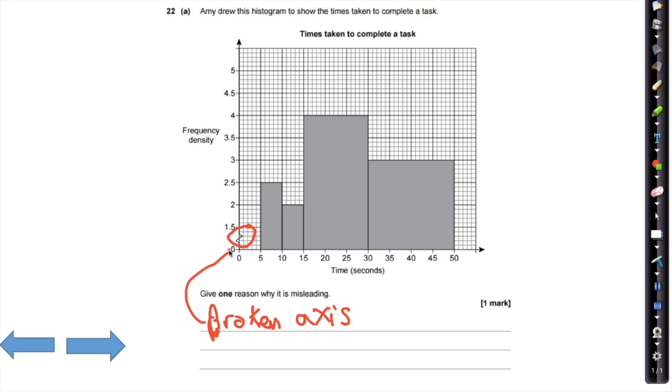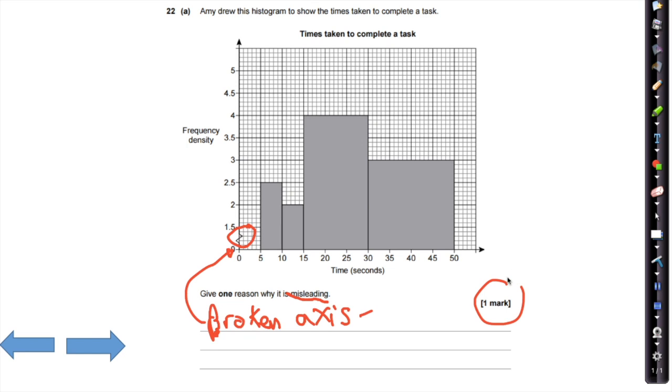Right here, we've broken up the axis. That means it's misleading, because we've said, well, these jumps are all 0.5, but this one we're going to say is 1.5. So you've broken up the axis, which may lead to the graph actually looking a bit misleading.